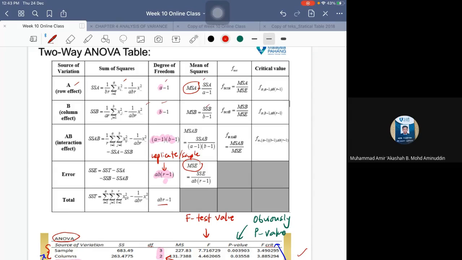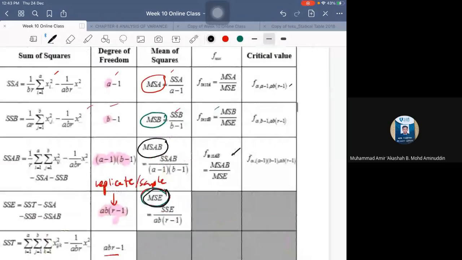When you want to know the test statistic for column B, you take the mean square of B, again divide by the mean square error, which is right at the bottom. And when you want the interaction, again you divide by the MSE and you will get the value. For each of the test statistics, the critical value is going to be different.